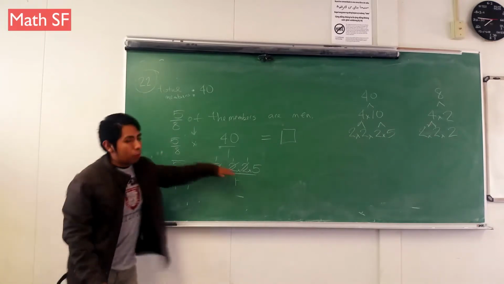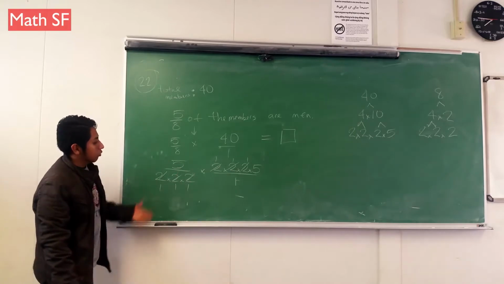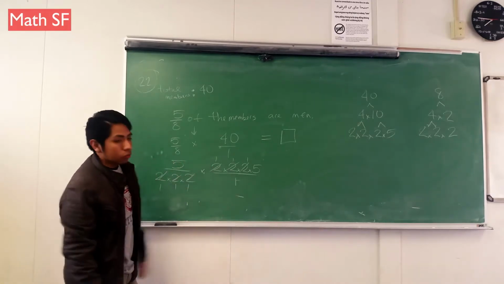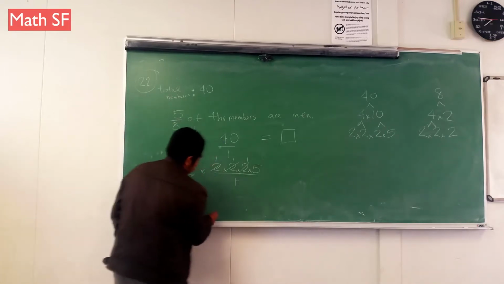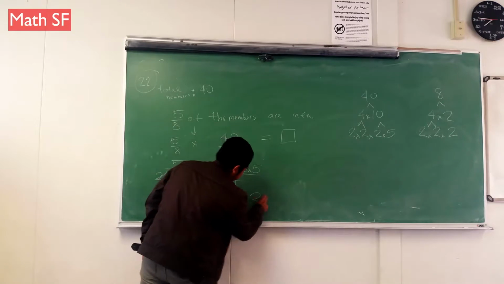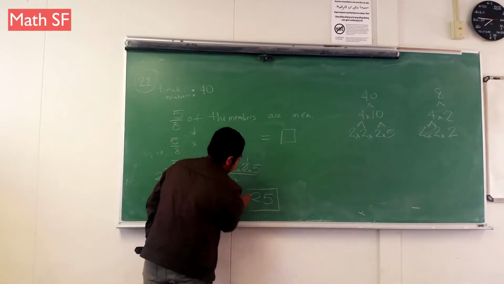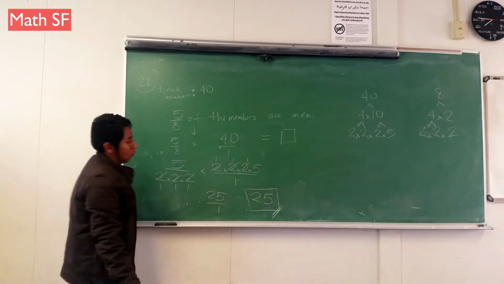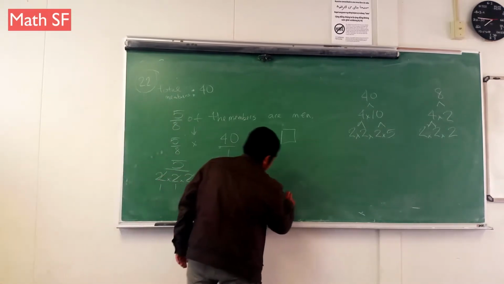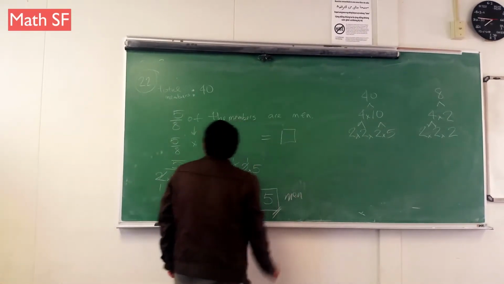So let's just straight multiply once everything is canceled. So 5 times 5 is 25. 1 times 1 is 1, so it's just going to be 25 over 1. So 25 over 1 is just 25. So my answer is 25. But 25 what? What was the question? How many men there are? So there are 25 men in the committee.